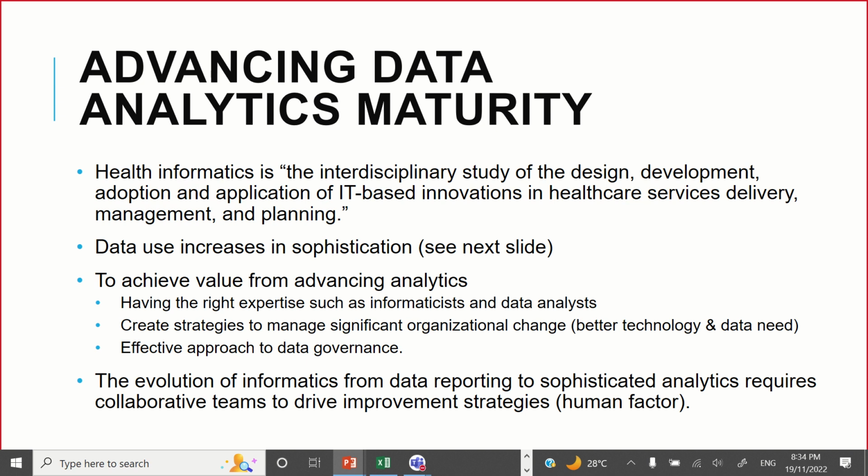Excellent. So informatics, frontliners, who else? Analysts, data analysts, true. So we did the data people and we did the frontliners. What's the in between?